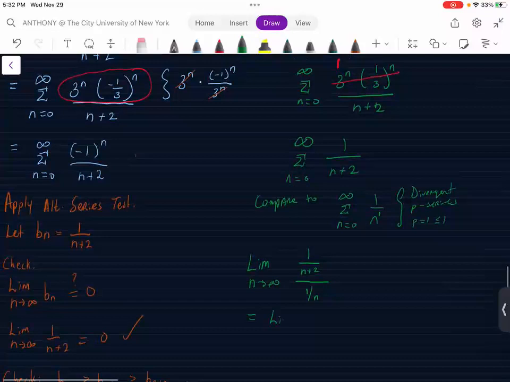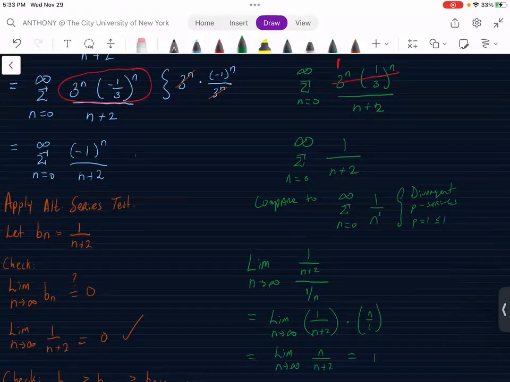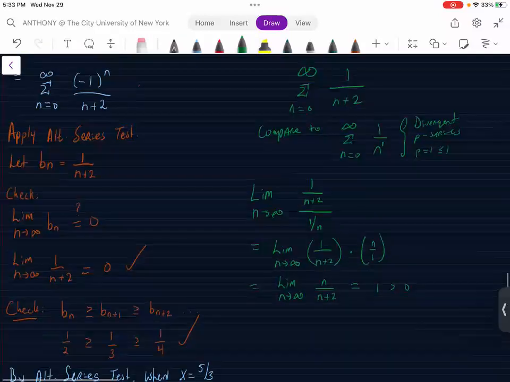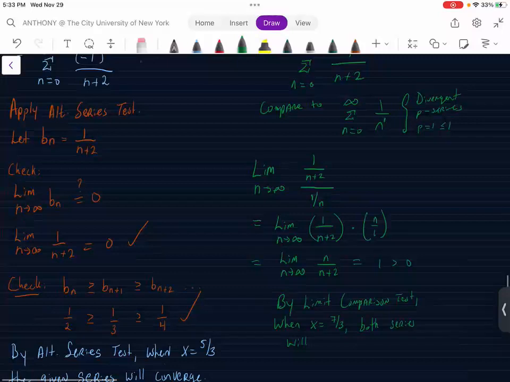This is equal to the limit as n approaches infinity of 1 over n plus 2 times n over 1. So this is n over n plus 2, which is equal to 1, which is definitely bigger than 0. So by the limit comparison test, when x was equal to 7/3, both series will diverge.